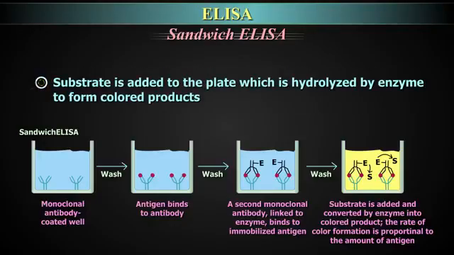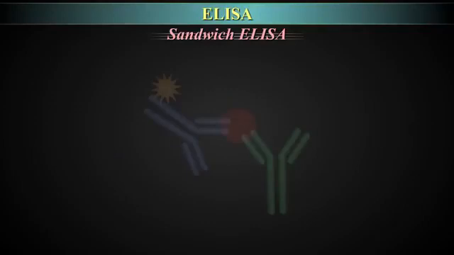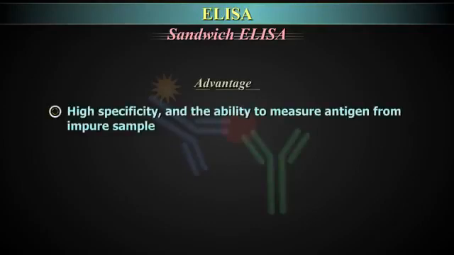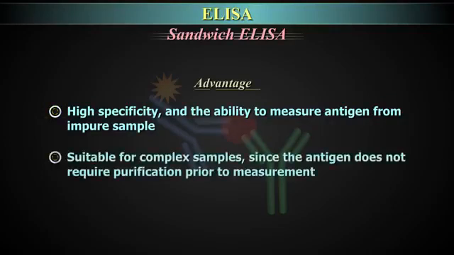Finally, substrate is added to the plate, which is hydrolyzed by enzyme to form colored products. Advantages: high specificity and the ability to measure antigen from impure sample. Suitable for complex samples, since the antigen does not require purification prior to measurement.